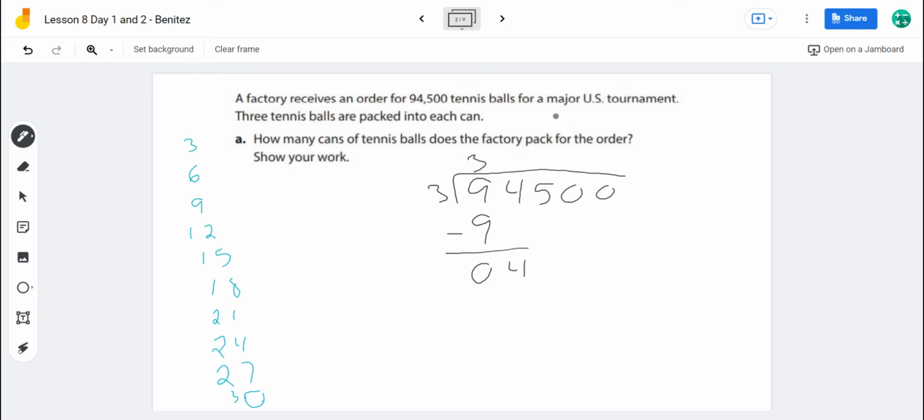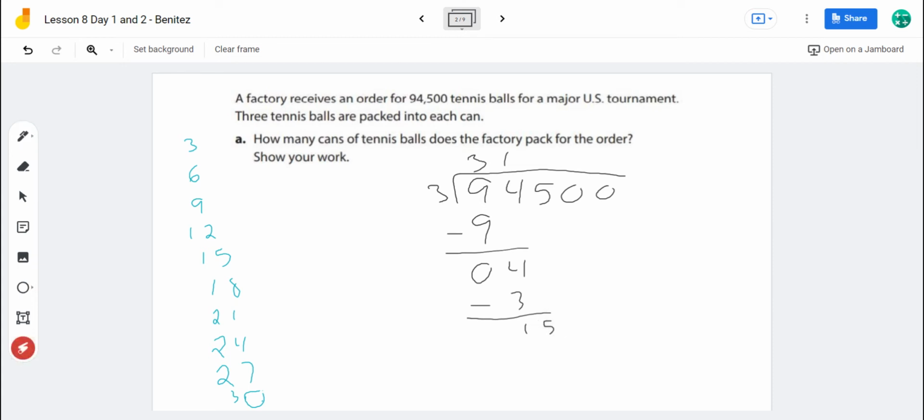Does 3 go into 4? If so, how many times? Yes. It goes into 4 one time. 1 times 3 is 3. That's 1. 4 minus 3 is 1. Bring down the 5.